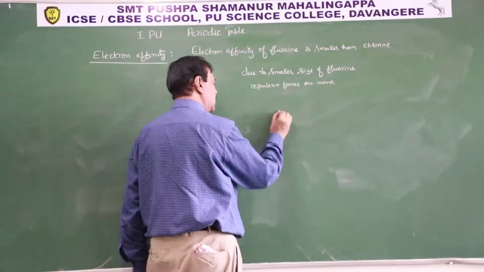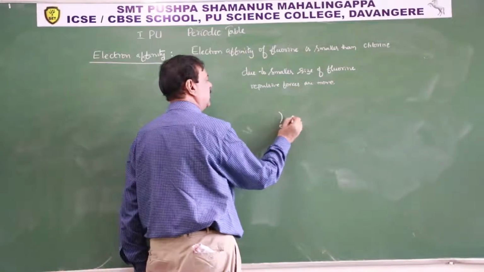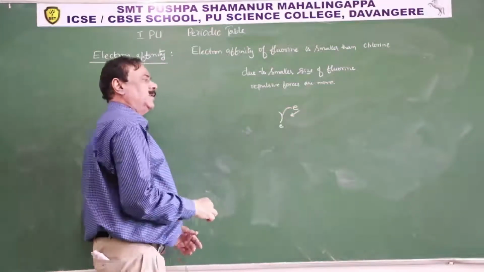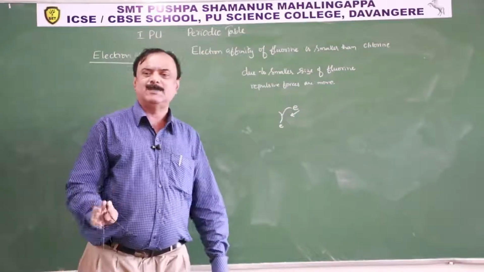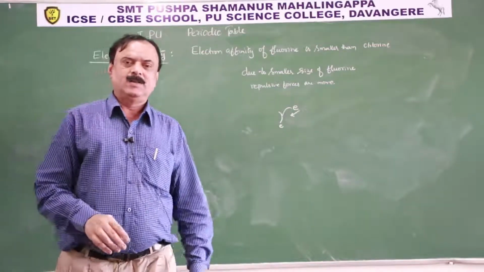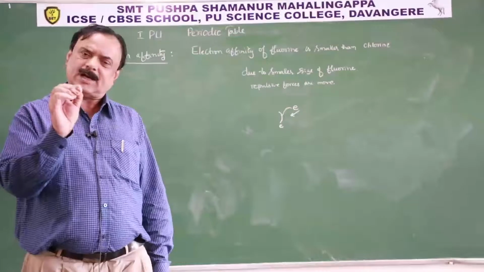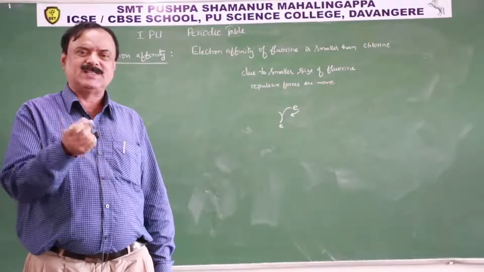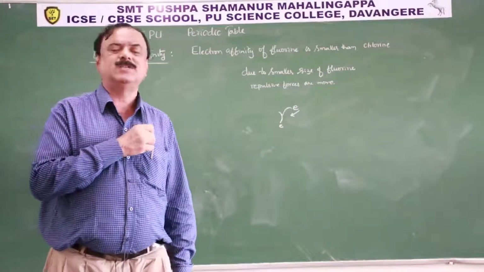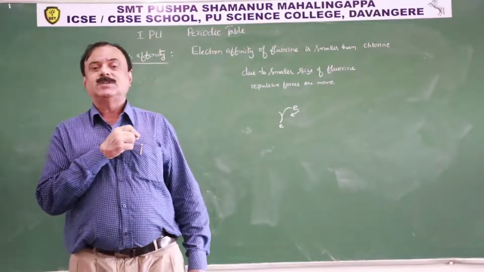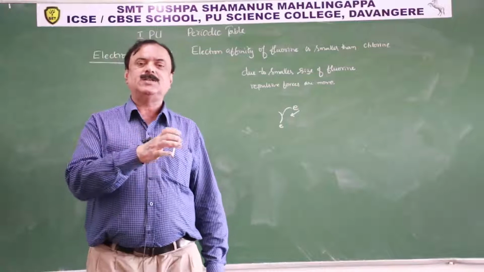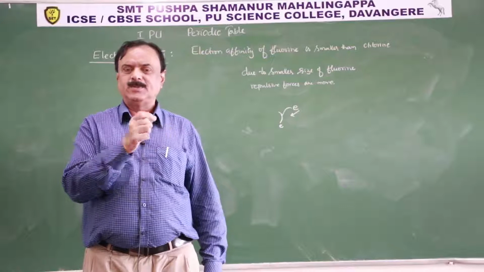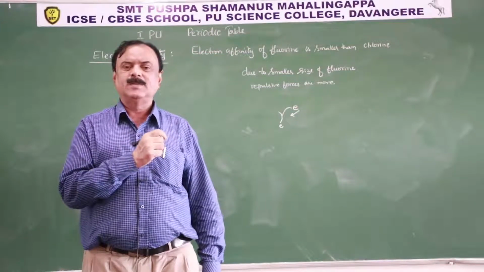Reason: this is an electron in the fluorine atom and this is the added electron. Due to the smaller atomic size of fluorine, the added electron exerts a repulsive force towards the outermost electrons, because the outermost electrons have more affinity towards the nucleus due to the very small distance.